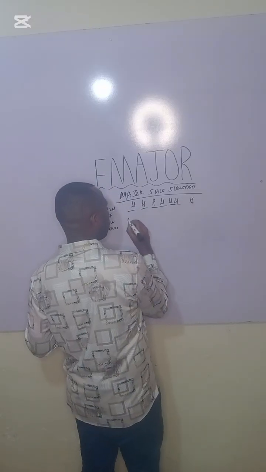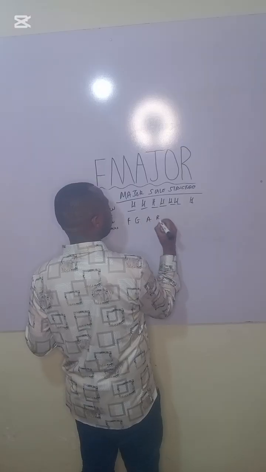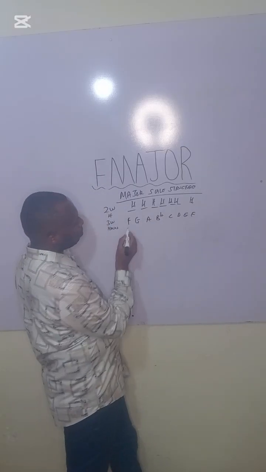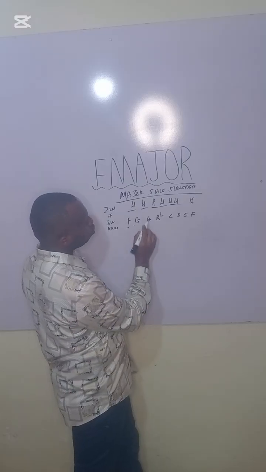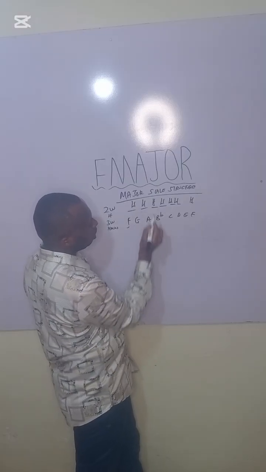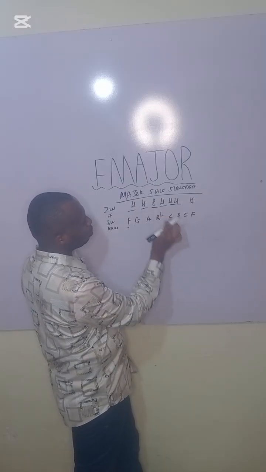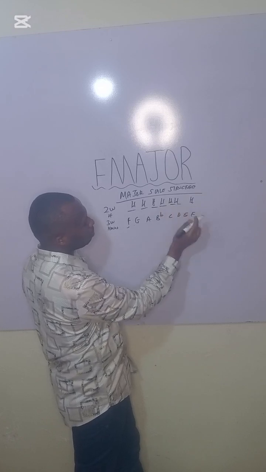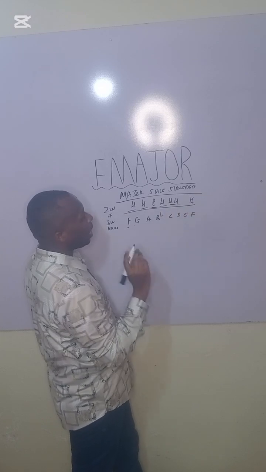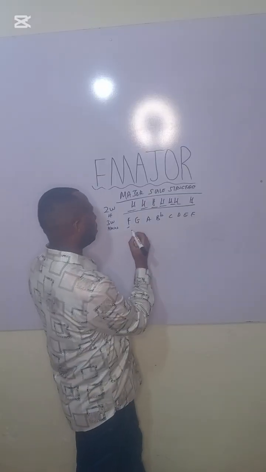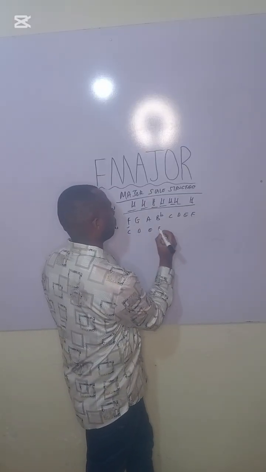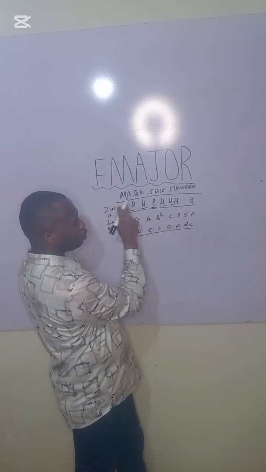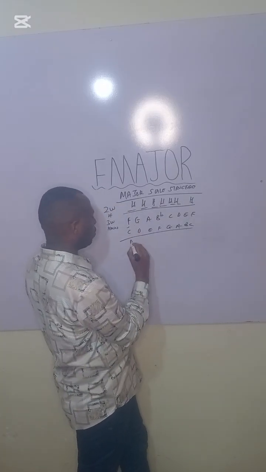That now means F, G, A, B flat, C, D, E, F. From F to G it's a whole step, from G to A it's a whole step, from A to B flat it's a half step, from B flat to C is a whole step, from C to D is a whole step, then from D to E is a whole step, then from E to F is a half step. So every major scale, even let's say C major, follows also this major scale structure, also even D major.